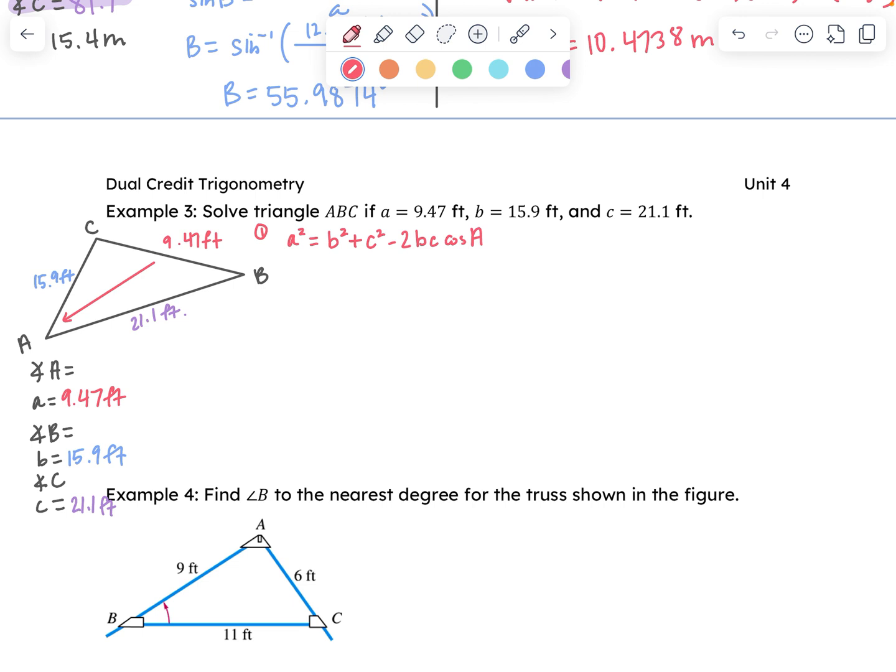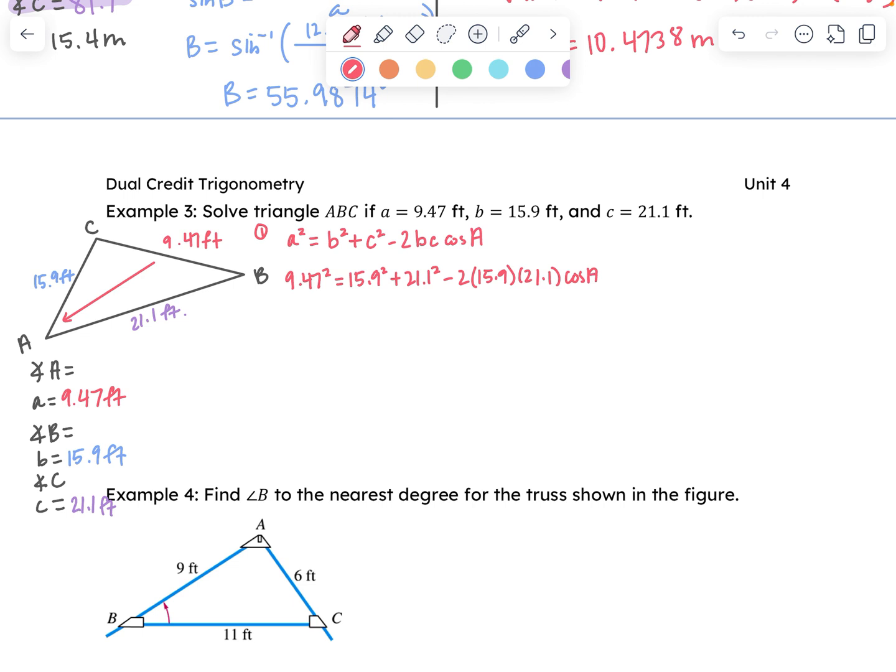So A squared would be 9.47 squared equals 15.9 squared for B plus 21.1 squared for C minus 2 times 15.9 times 21.1, any decimals there, times the cosine of A.